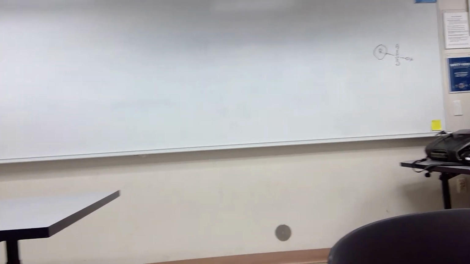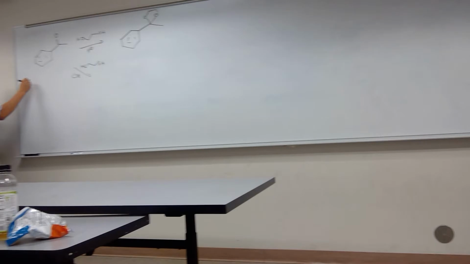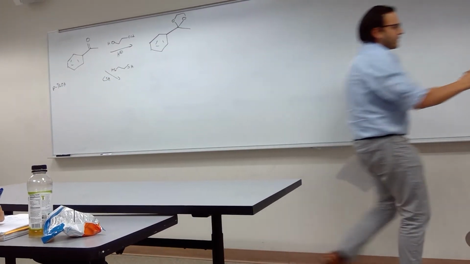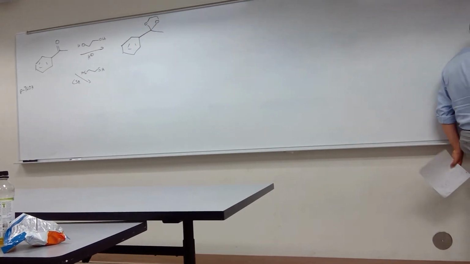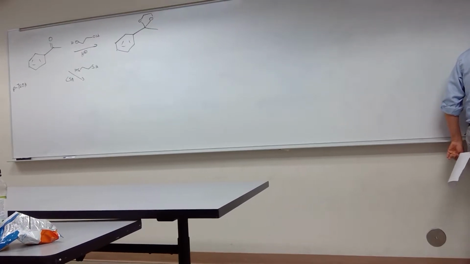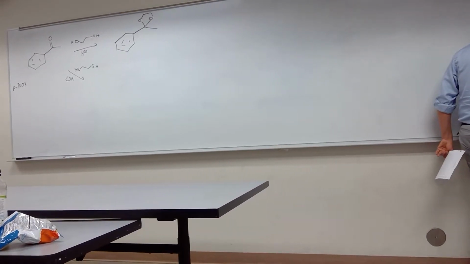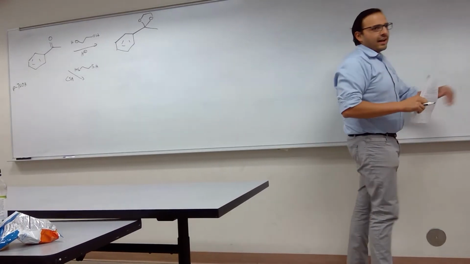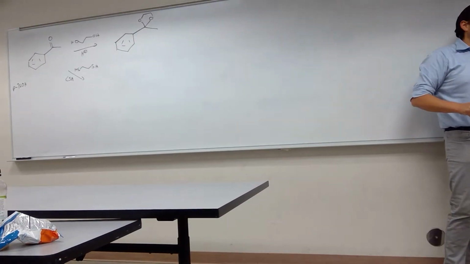Sometimes you commonly see PTSOH, which is paratoluene sulfonic acid. So of course R is going to be camphor, or R is going to be the toluene group. And the main thing is that it's a sulfonic acid.